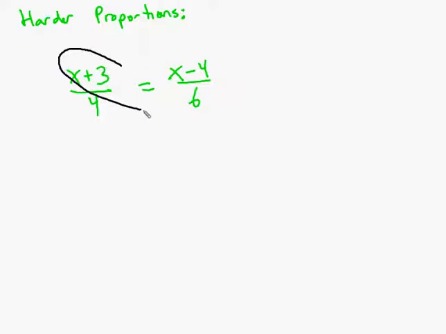Harder proportions. Alright, suppose I give you (x plus 3) over 4 equals (x minus 4) over 6. Well, now this is looking a little bit more complicated than before, but it's still a fraction equals a fraction, so I can still cross multiply.